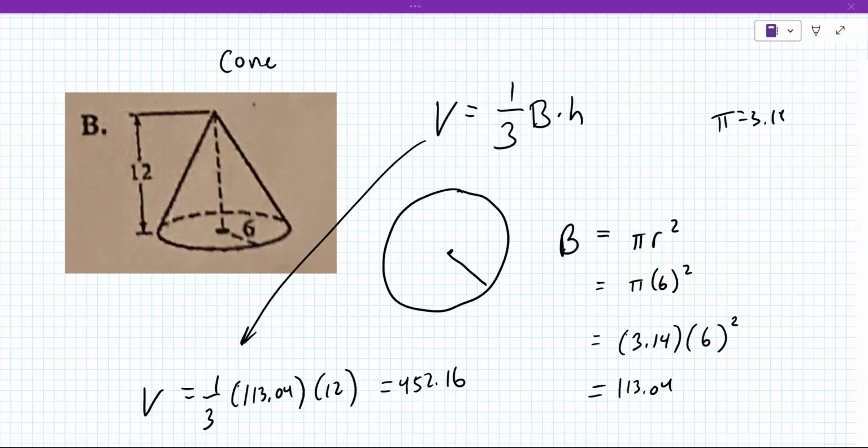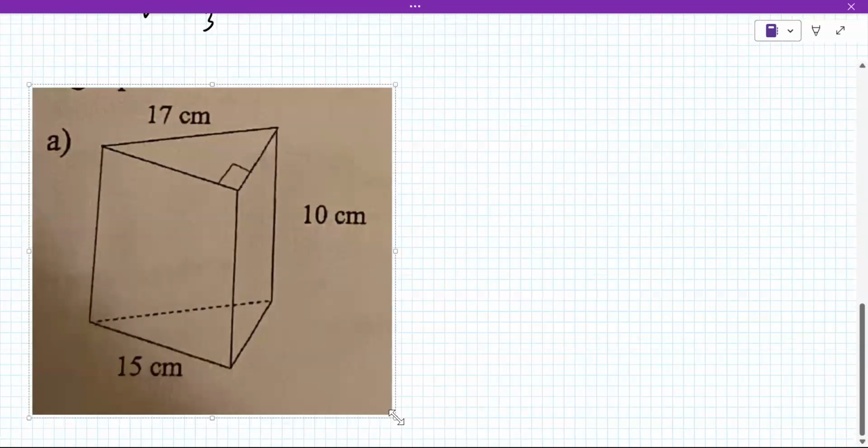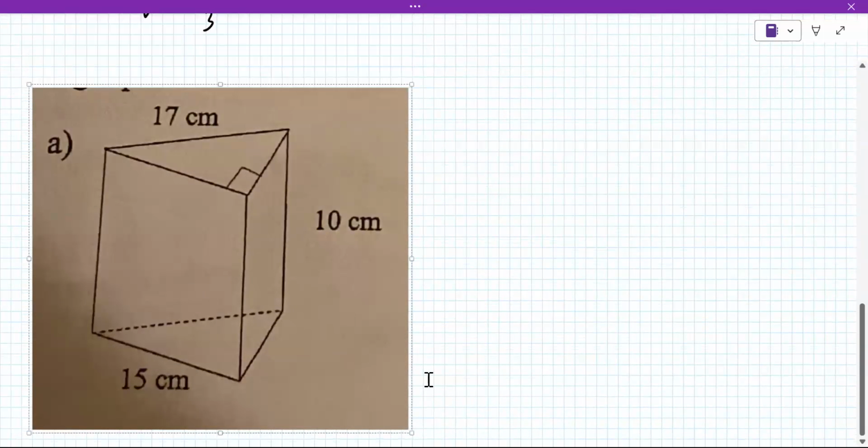All right, so let's look at a right prism. Do you remember the formula for the volume of a prism? Okay, can you tell me the formula?